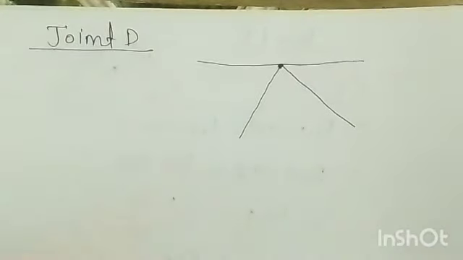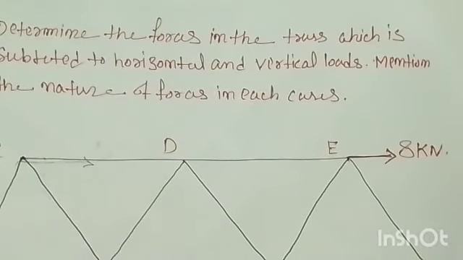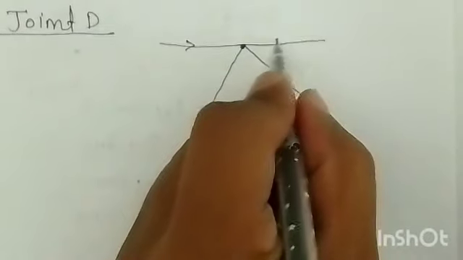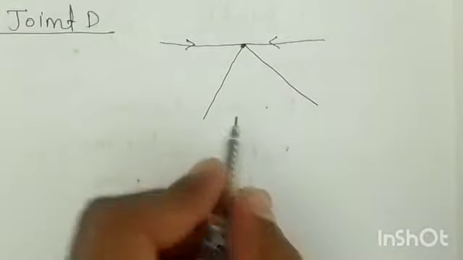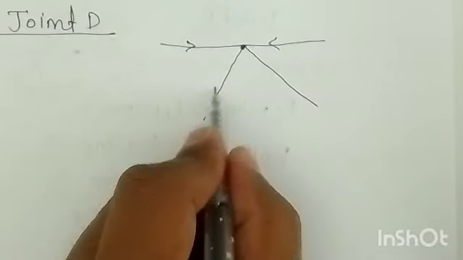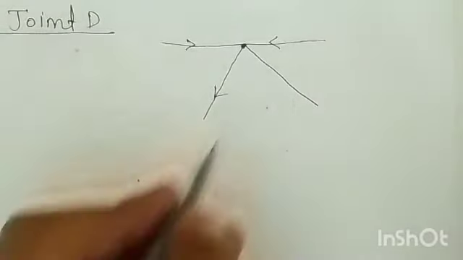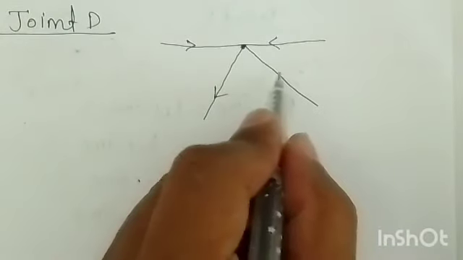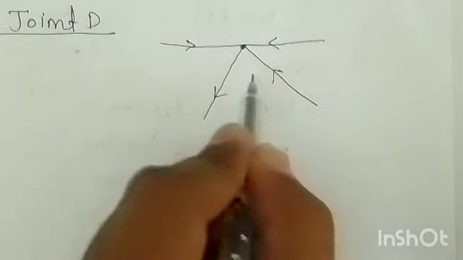If you look at the previous joint, in this member it is compressive, so this will also be compressive, this is also compressive, right, and this is tensile, that is FFD, we got the tensile right now, and this is compressive.